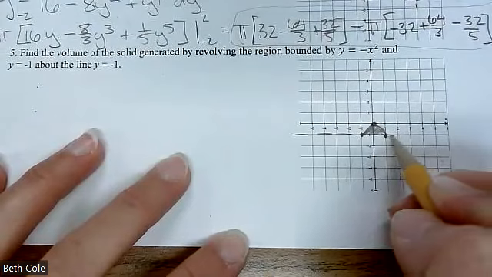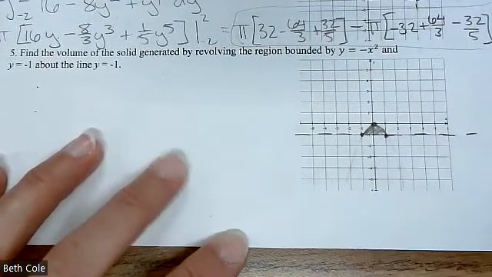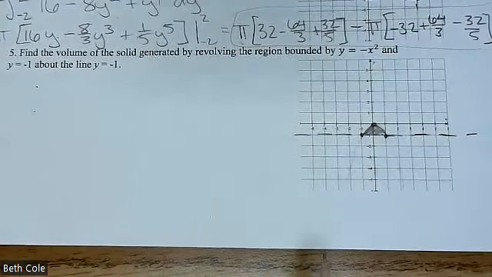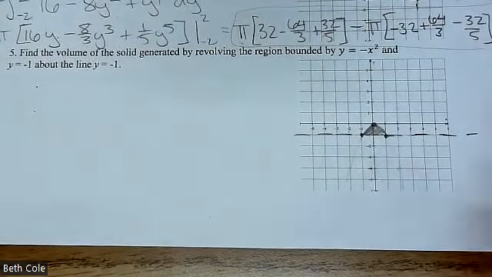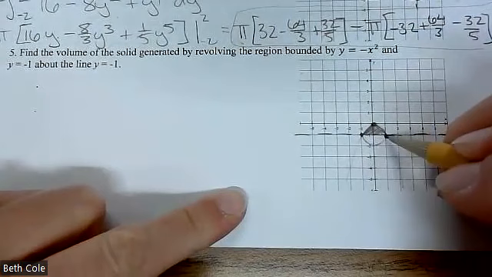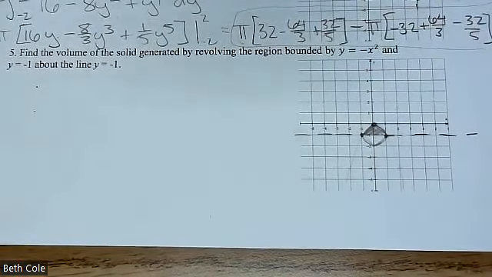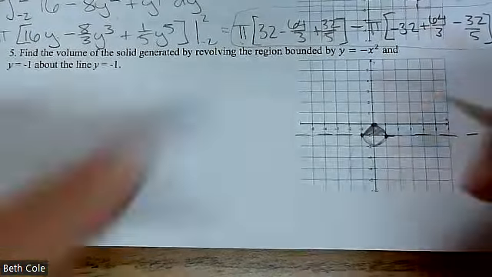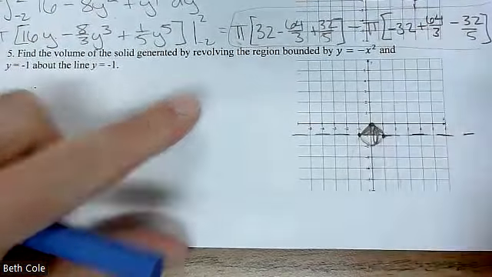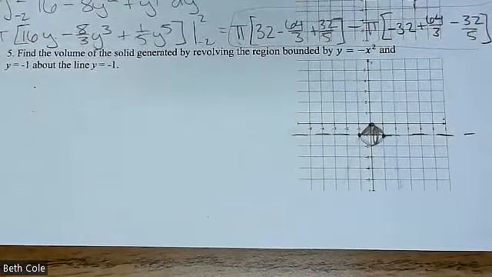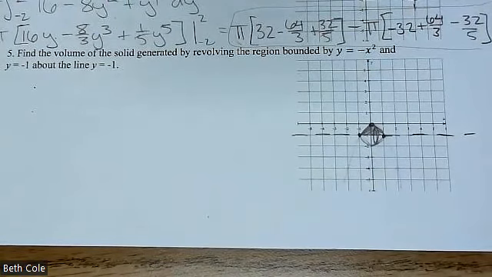I always try to dot in the axis I'm revolving around. So we have this tiny little shape. And so your ghost shape is going to be right here. And so I guess it would almost be a sphere, except squashed a little bit.